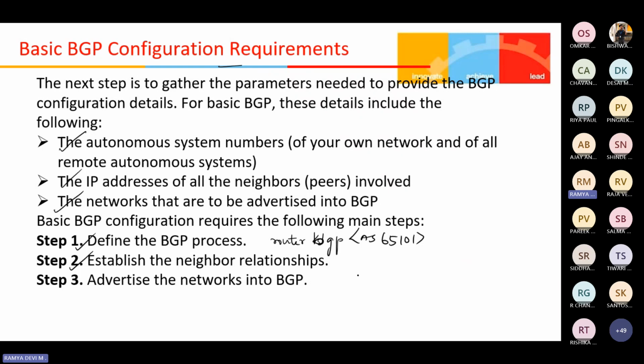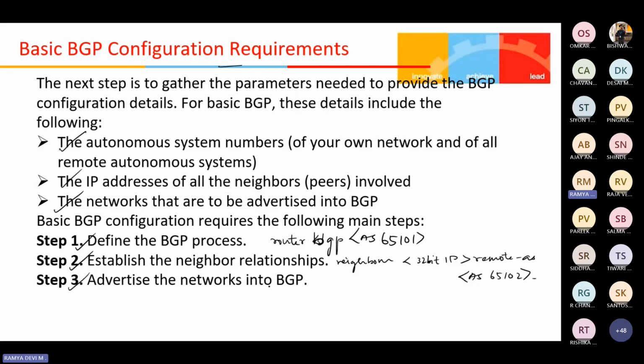So I'll be using the neighbor command. Neighbor, who is my neighbor? The 32-bit IP address will be provided here. Then the remote autonomous system, the neighbor autonomous system number, that is AS 65102.